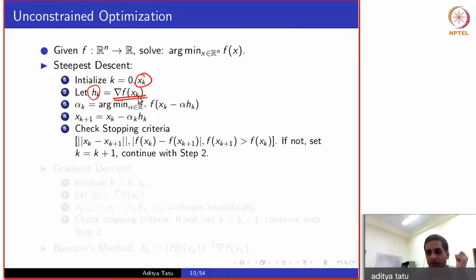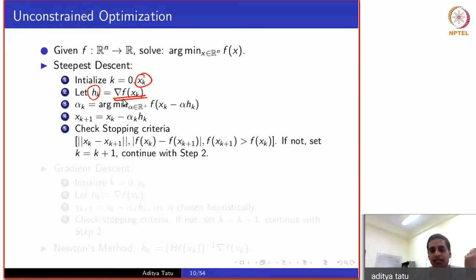Why is this important? It's important because the gradient of the function at xk gives me an idea that if I look in this direction, the value of the function will increase the most. After all, this comes from a linear approximation; it's not coming from some wild other function. This is the direction in which I should look if I want to increase the function the most.